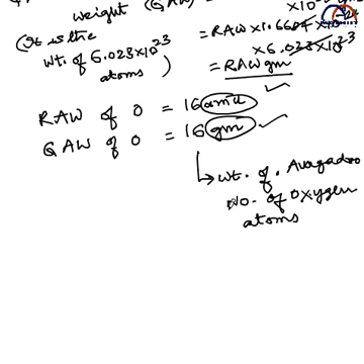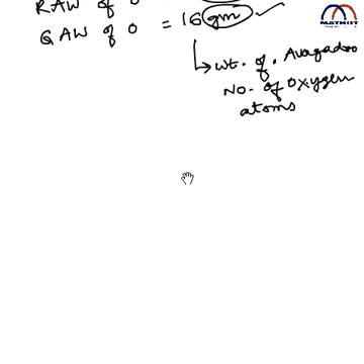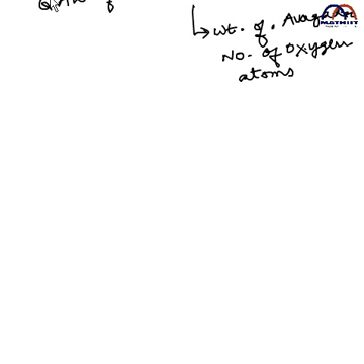Right. Now we shall see the gram atomic weights of some of the elements we come across in our calculations here. Gram atomic weights of some elements are like this.